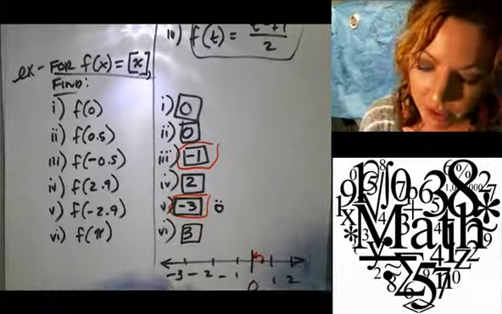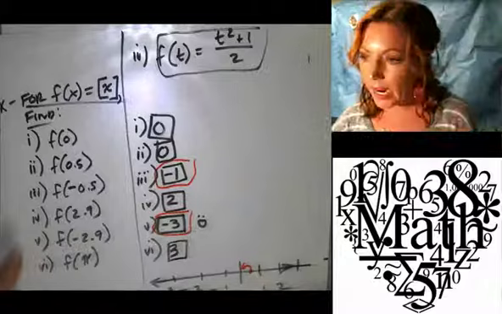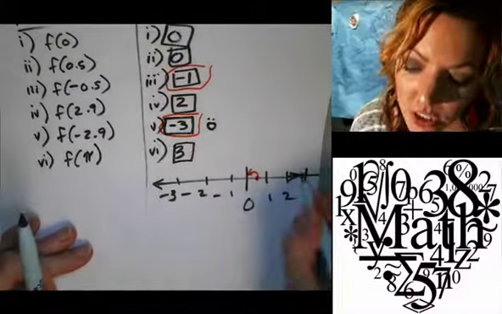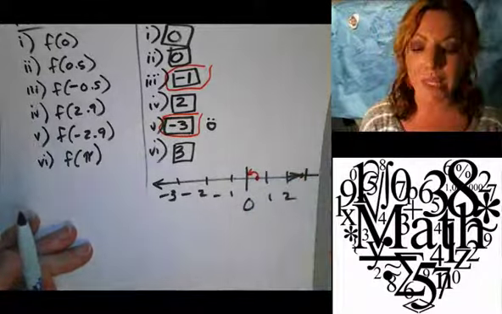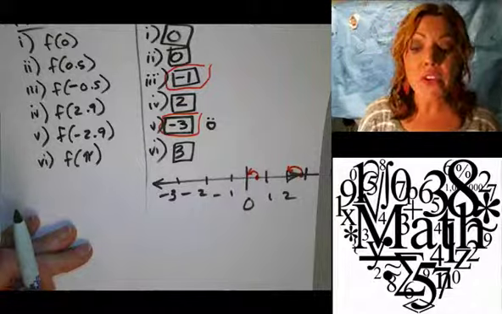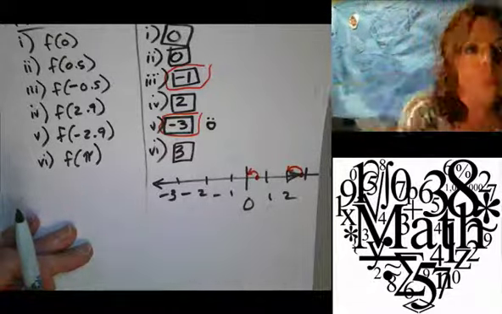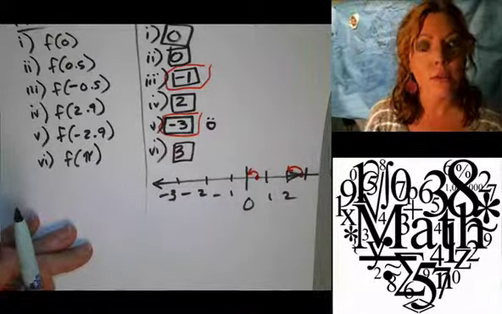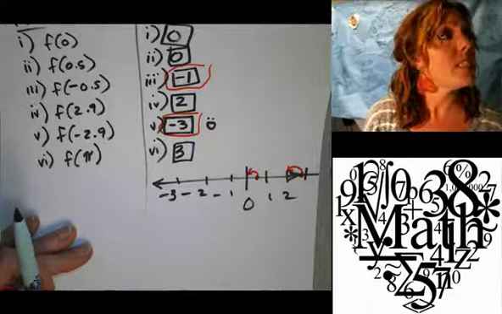Okay, just like with 2.9, 2.9 is right in here somewhere. The greatest integer within that is 2, right? With negative numbers, you see how it always goes back down to the next greatest integer? It's always rounding down, exactly.